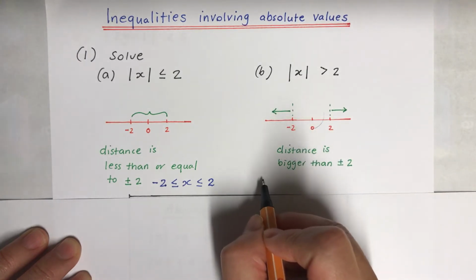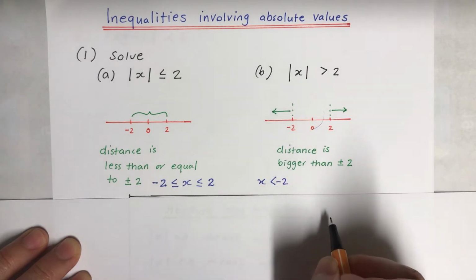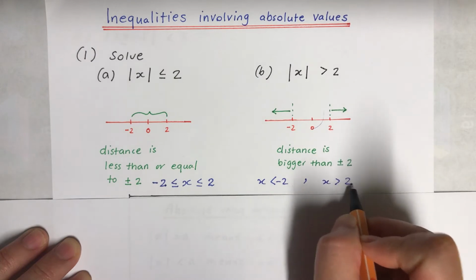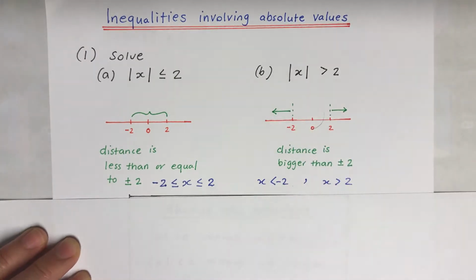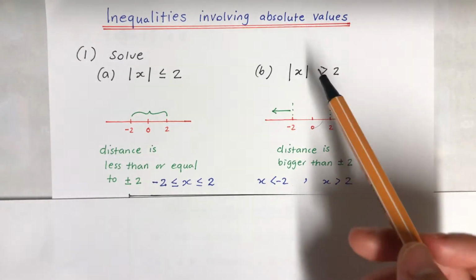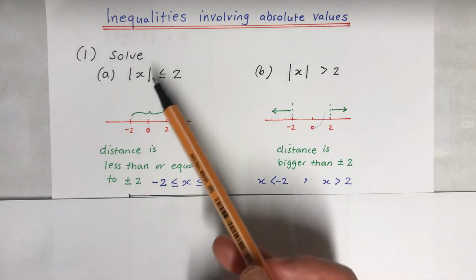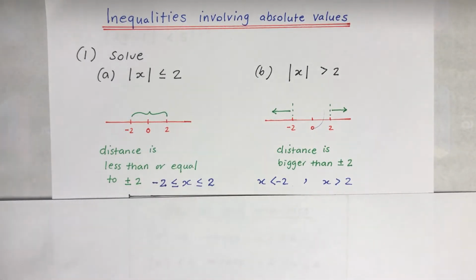So I'm going to write x is less than minus 2 or x is bigger than 2. That's this part and that's this part. So when it's bigger than something, there will be 2 parts, 2 conditions, whereas less than is the middle part, so it's only 1 condition there.